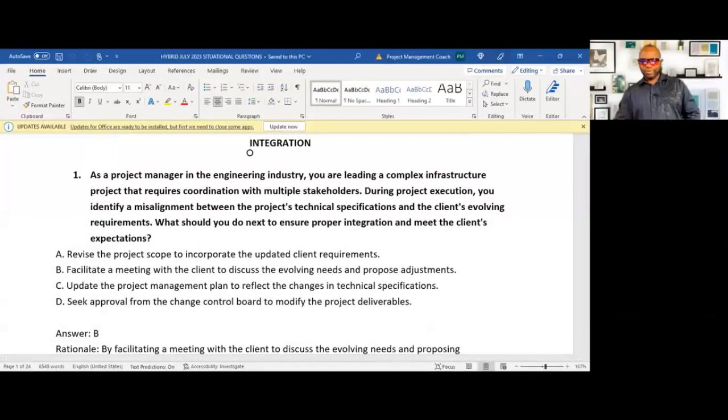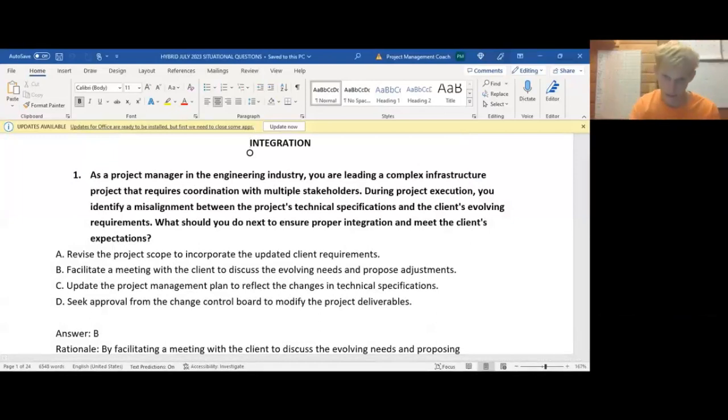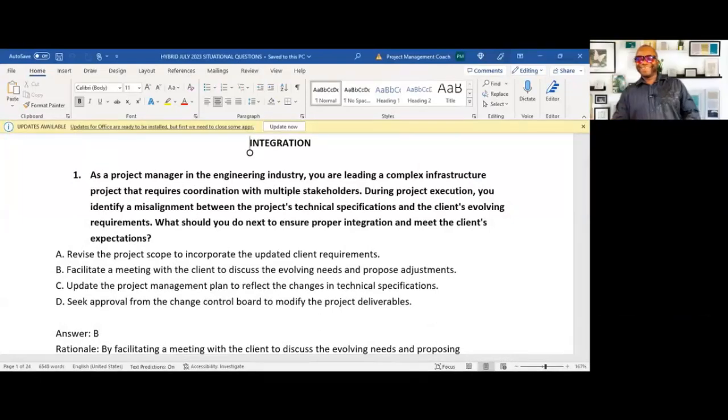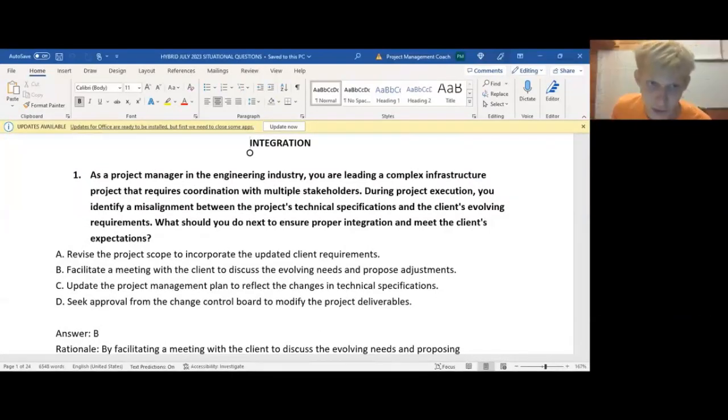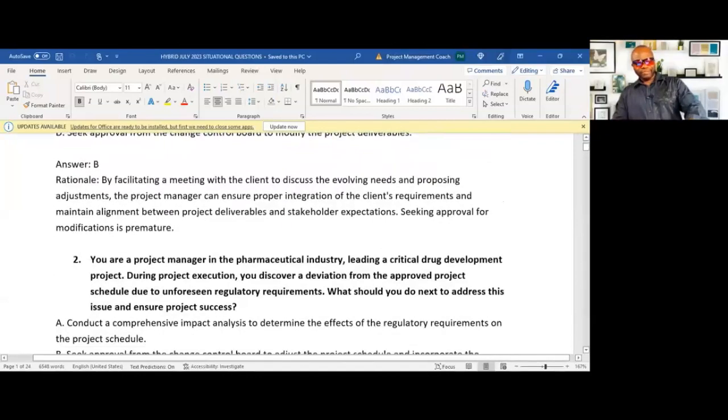And really, just wow. Trying for multiple definitions, words in there like engineering industry, complex infrastructure, coordination with multiple stakeholders, just to throw you off. There's not a lot of information in there that you actually need. Yes, there's a lot of info in there, right? And then during the execution, you identify exactly, this is exactly the type of question you would get. Yes. Wow. That means they've upped the ante.